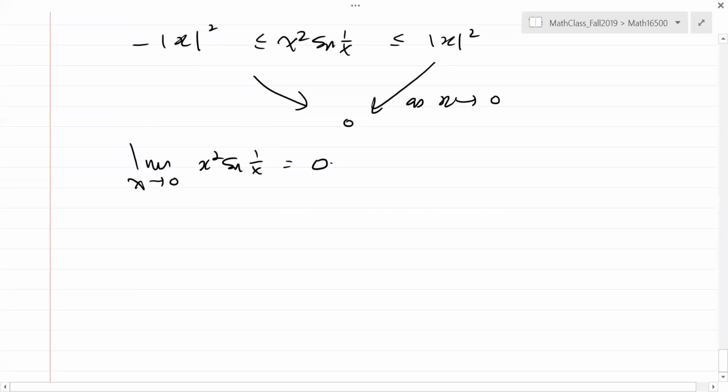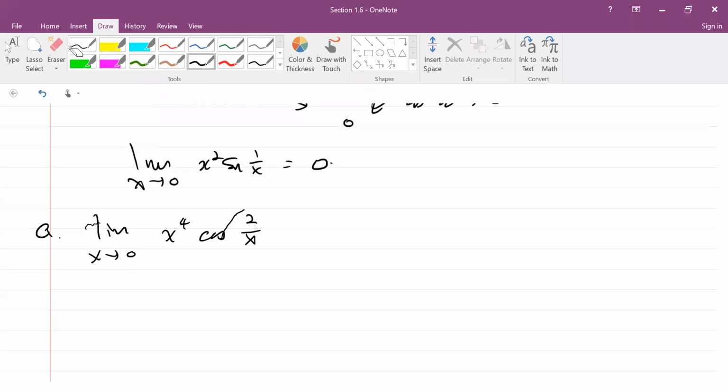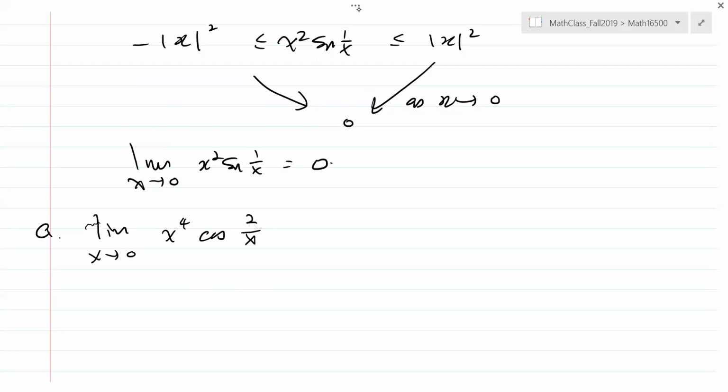Okay. Here's another problem. Find the limit of the following: x to the fourth times cosine of 2 over x. Do you have any idea about this?